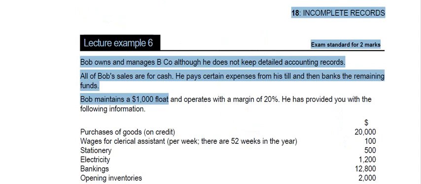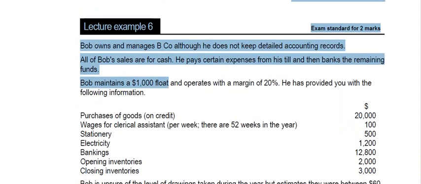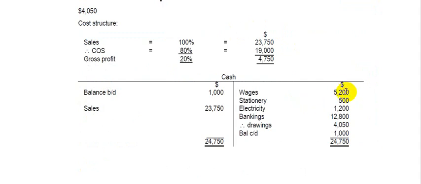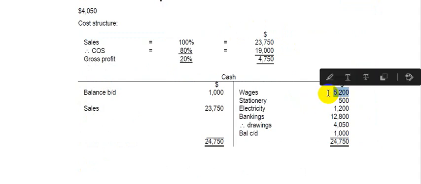Then we've got what was paid out as cash. The wages for the clerical staff, 100 per week times 52 weeks will give us 5,200 as being paid out.